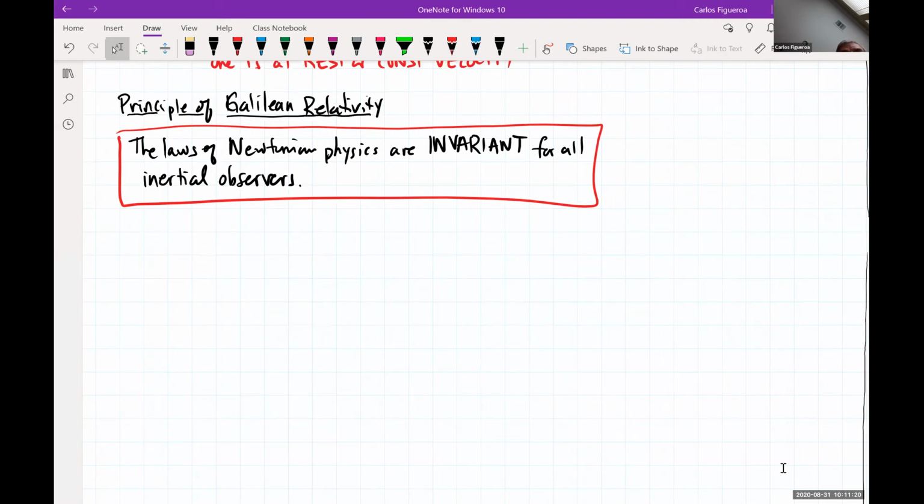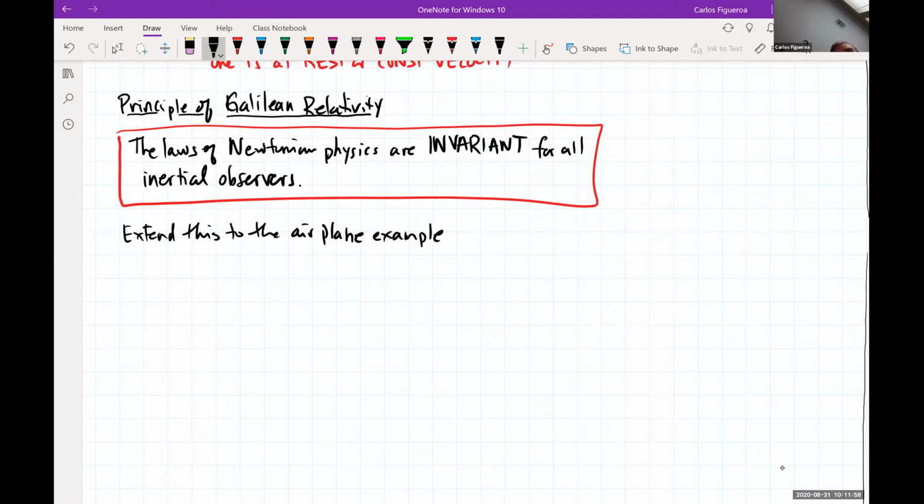So if I expand this to the airplane that we were thinking about, extending this to the airplane example, what this means is that the laws of Newton work equally well for an observer on Earth.